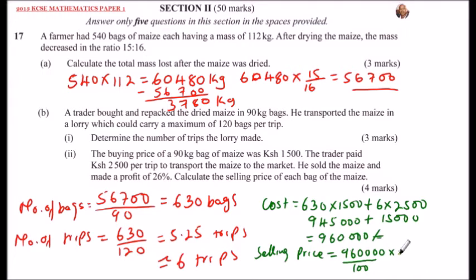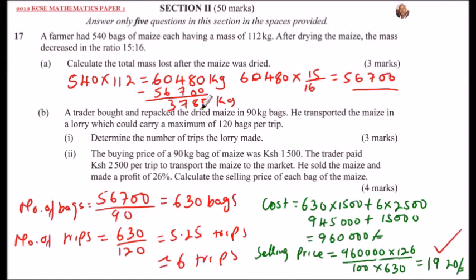Then he made 126%, and you divide by the number of bags so that you get the cost per bag, 630. When you compute that, you get 1,920 Kenyan shillings. So that was the selling price if the trader made a profit of 26%.